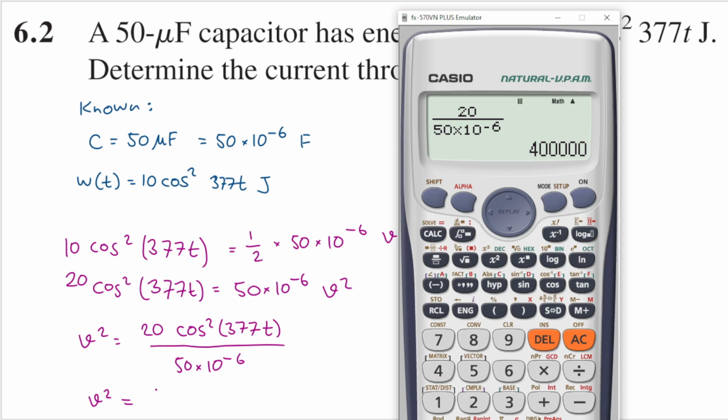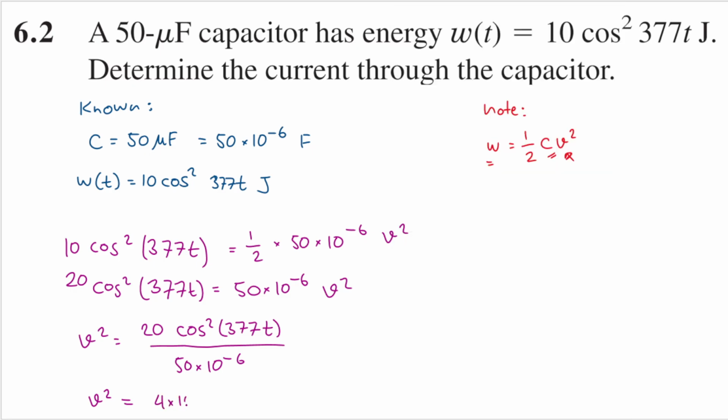So v squared is 4 multiplied by 10 to the 5 cosine squared 377t. I will just use the positive value here, so v(t) is the square root of this, 4 multiplied by 10 to the 5th, and then cosine squared 377t.